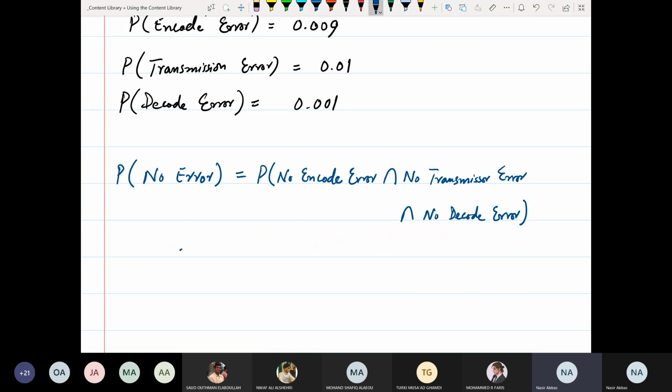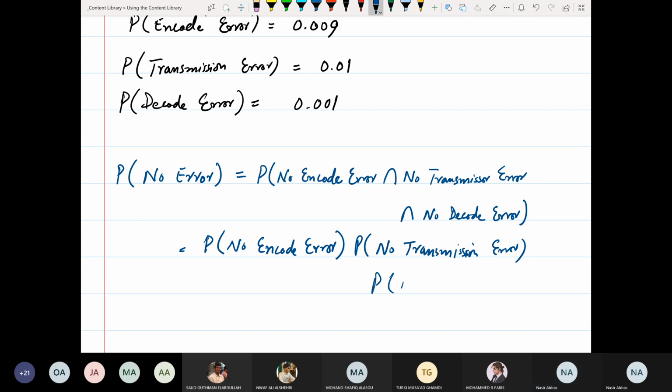So this will simply be probability of no encode error multiplied by probability of no transmission error multiplied by the probability of no decode error.